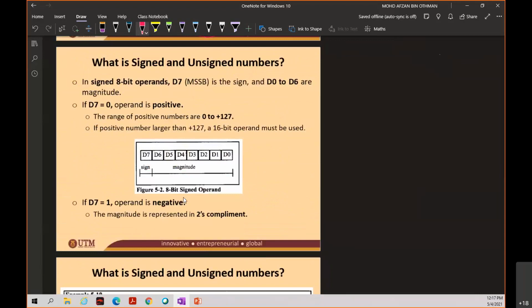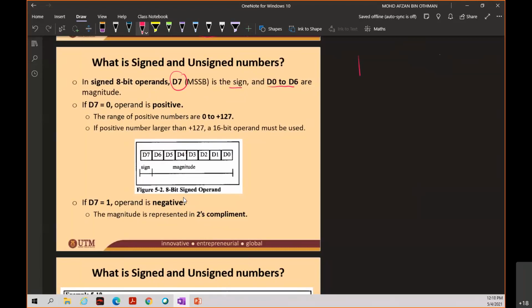You need to know how to determine whether a value is a signed number or an unsigned number. In a signed 8-bit operation, bit 7, the most significant bit, will be your sign, while bit 0 to bit 6 are the magnitude.